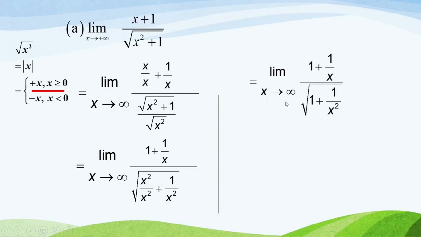And when we substitute infinity in this limit, we get 1 plus 0 over the square root of 1 plus 0, and we get 1 over the square root of 1. The square root of 1 is 1, so the answer is 1.